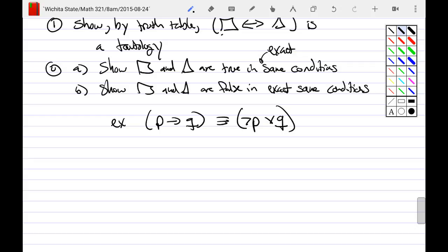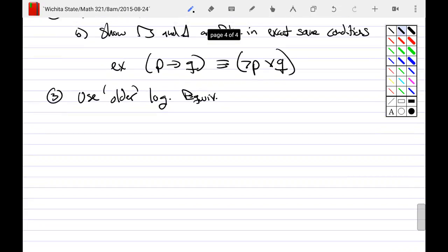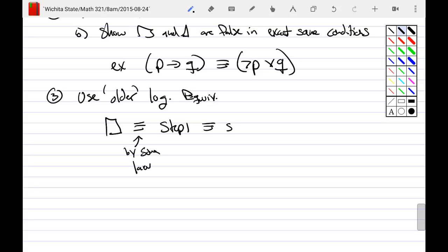Okay, the third possibility is what I did before, is use older logical equivalencies. In other words, you start off with, say, your square and you show this is logically equivalent by some law to, say, step 1, which is equivalent by some law to step 2, which is logically equivalent to the right.